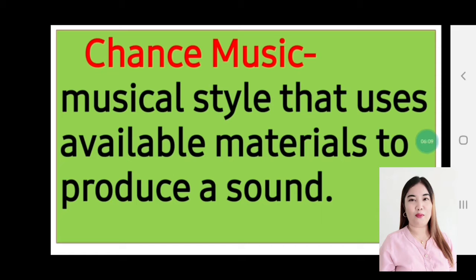O kaya kawali, tabong sira, tsinelas, tubo. So, all of those materials, kapag ginamit yun sa pagbuo ng tunog, the sound produced is what we call the chants music. So that is the very first type of music during this time.